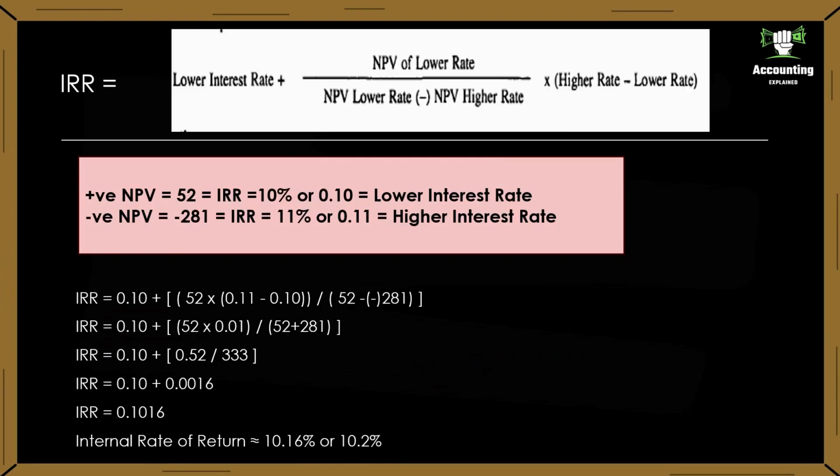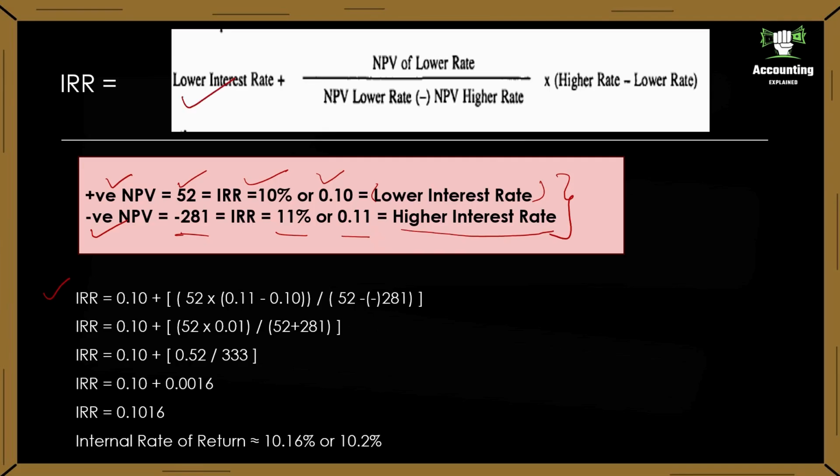We had a positive NPV of rupees 52 when IRR was 10% or 0.10. That becomes our lower interest rate. A negative NPV of minus 281 with an IRR of 11% or 0.11. That becomes our higher interest rate. We are going to substitute all these values in this formula and find out the IRR.